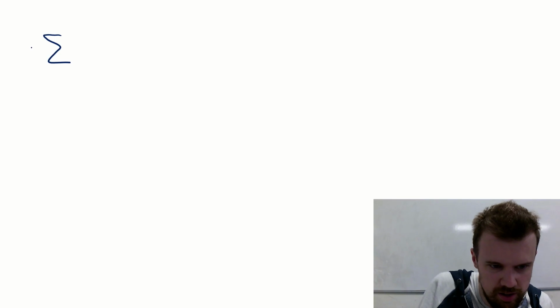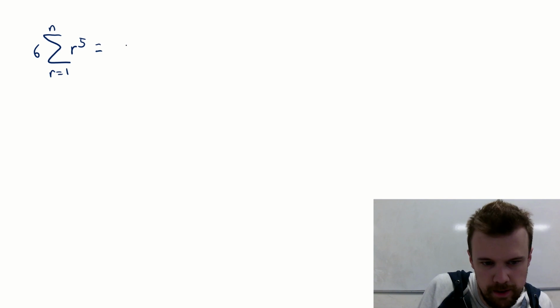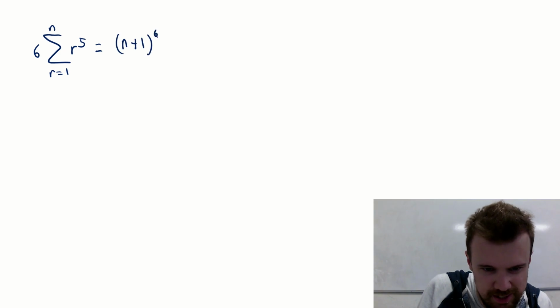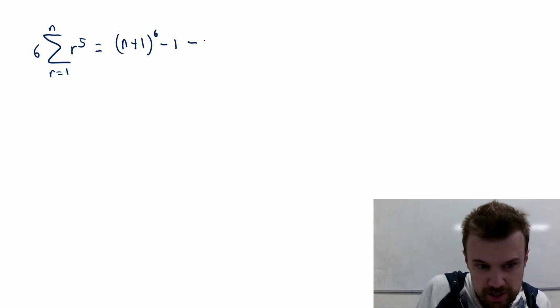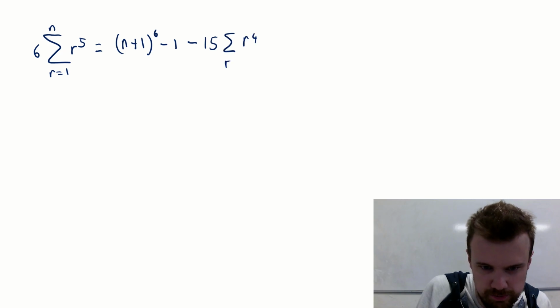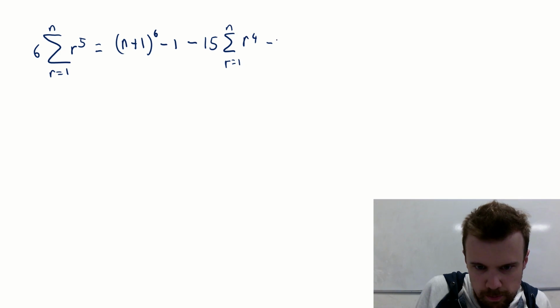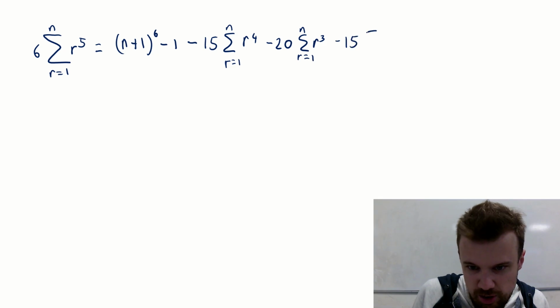So therefore, we're going to end up with 6 lots of the series formula for r to the power of 5 being equal to, big numbers here, but n plus 1 to the power of 6 minus 1 minus 15 lots of the series formula for r to the power of 4 minus 20 lots of the series formula for r to the power of 3 minus 15 lots of the series formula for r to the power of 2.